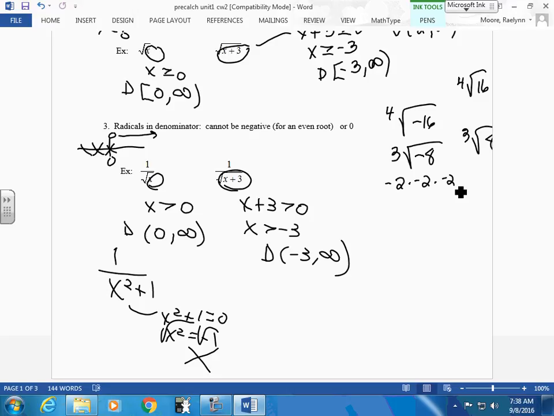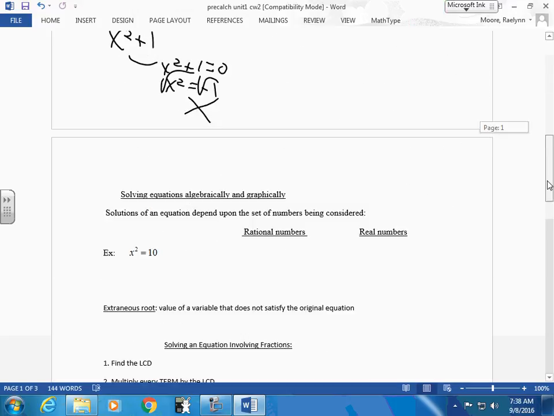I can't have negatives. All my even roots will work the same as my regular square root does. Same way. Take them out, set them greater than or equal to 0, or if they're in a denominator, greater than 0. My odd roots have no domain restrictions. Okay, because the odds give me that negative. Just a little food for thought there.